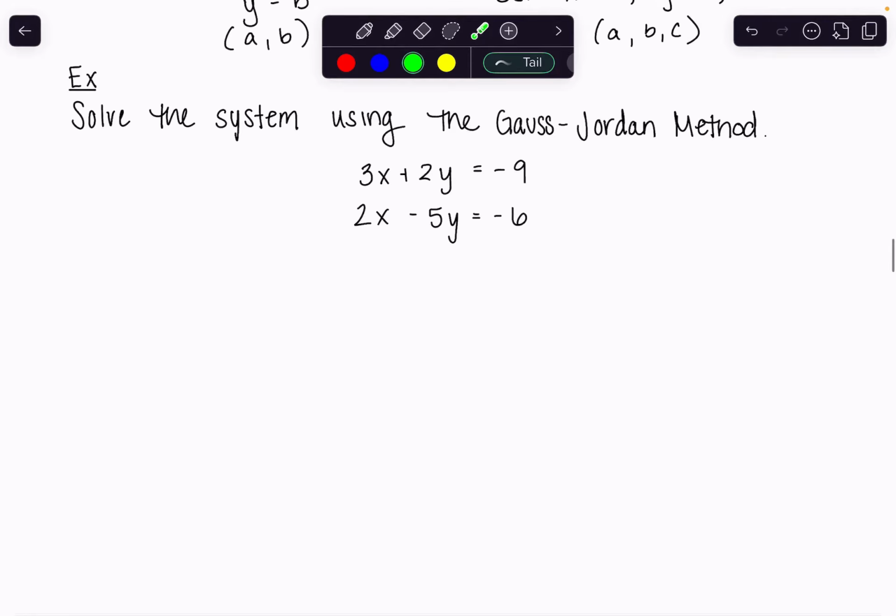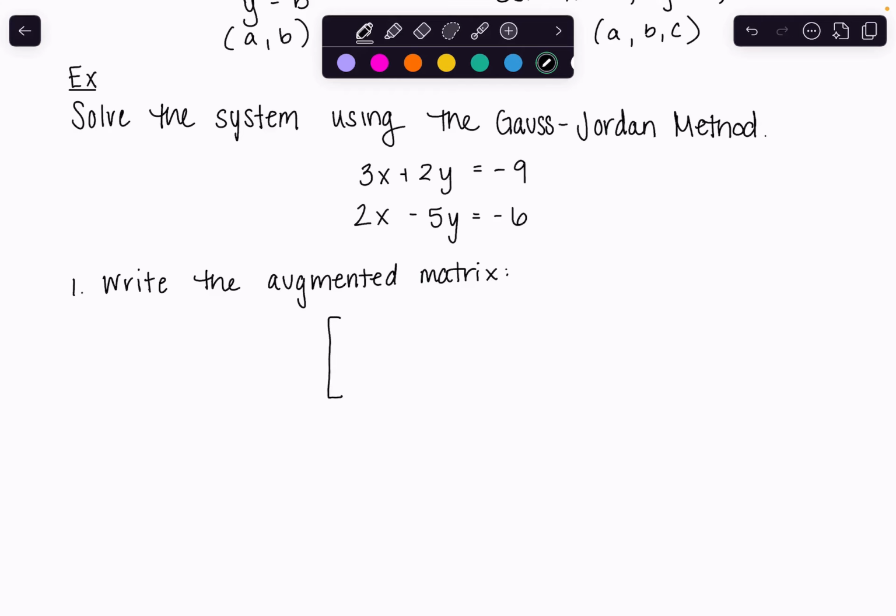So we've got 3x plus 2y equals -9, 2x minus 5y equals -6. So the very first thing you want to do is you want to write your augmented matrix. So again, I've got two equations and two unknowns.